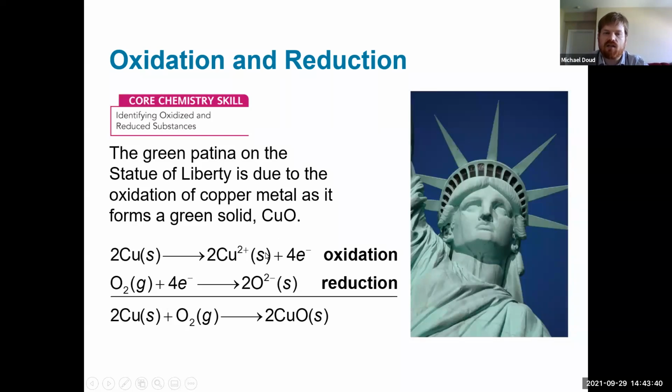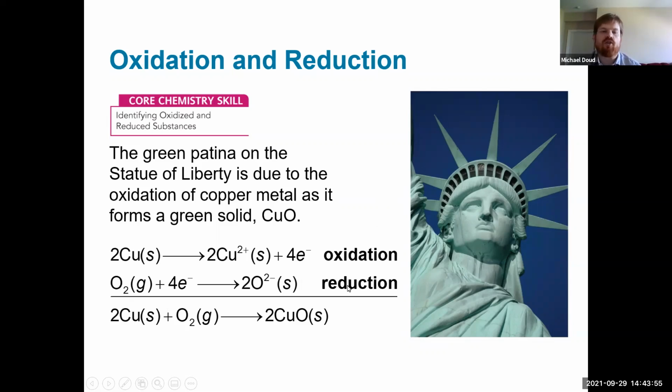So the copper gets oxidized to the copper(II) ion, and it gives up those electrons to oxygen. Oxygen, when it gains electrons, forms the oxide ion. So clearly it is reduced.